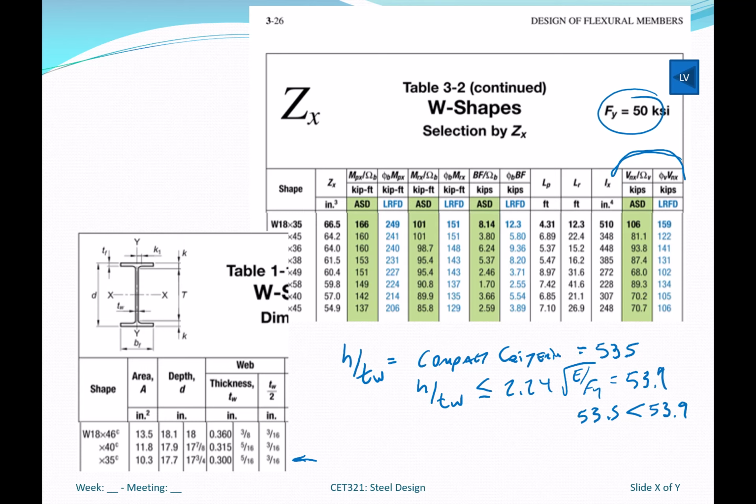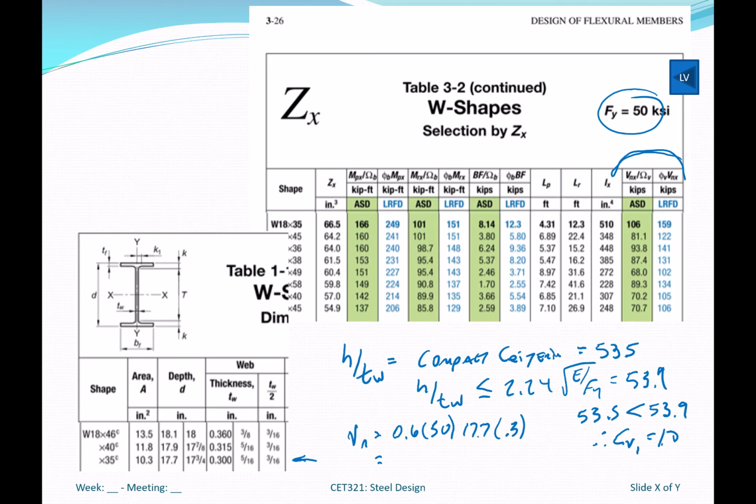So we're good there. So now, therefore, C sub V1 is 1.0. So our V sub n is going to be 0.6 times 50 times the depth times the thickness of the web.